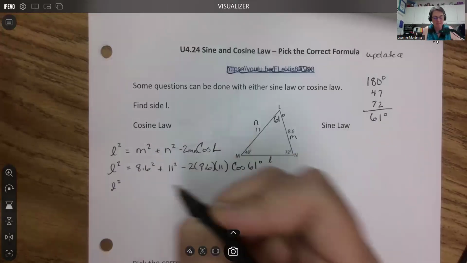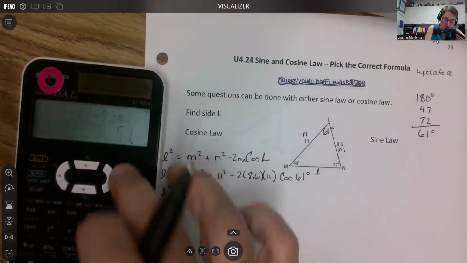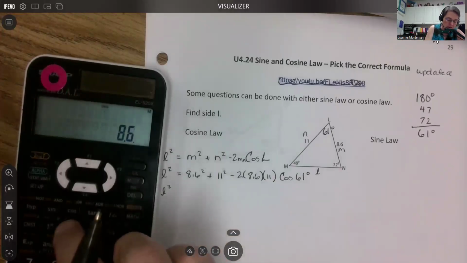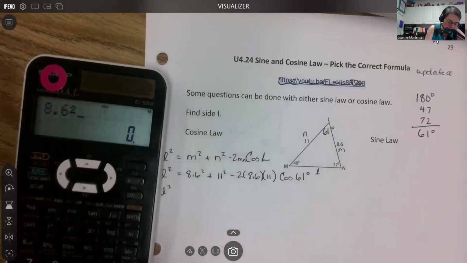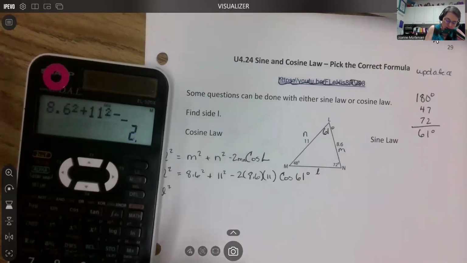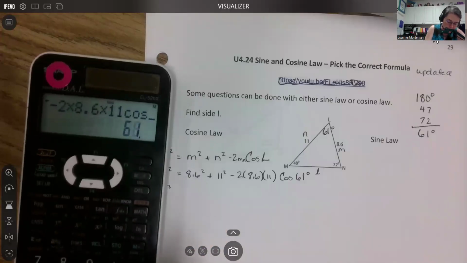My calculator's been quite magical lately, so I should be able to do this all at once: 8.6 squared plus 11 squared minus 2 times 8.6 times 11 times cos 61.